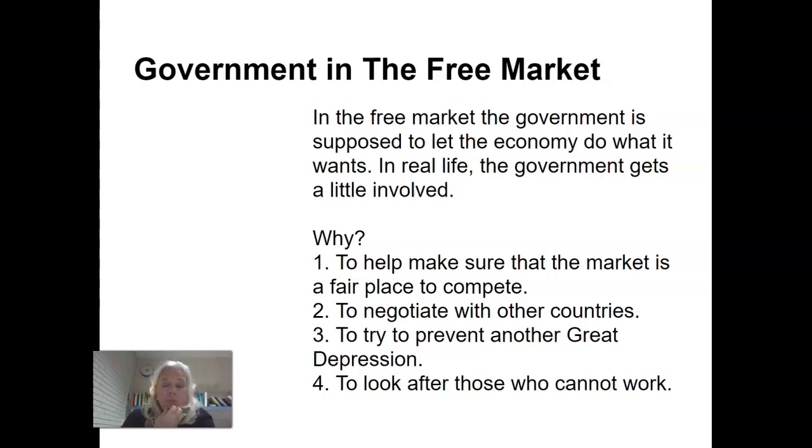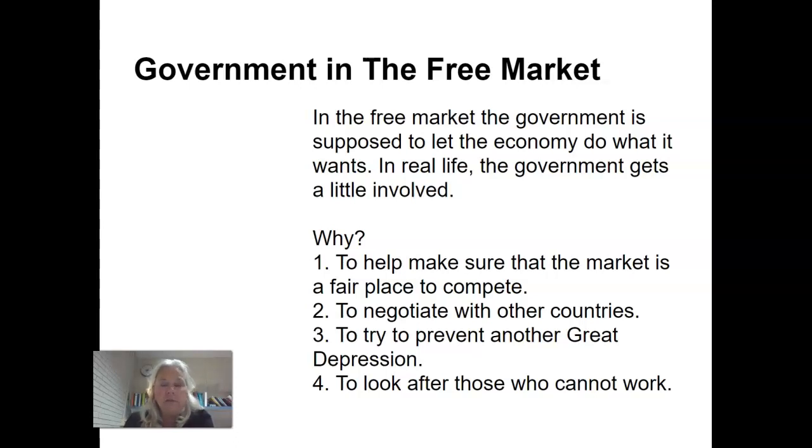They do want to try to prevent another Great Depression, and this is why during the Great Depression, President Roosevelt did institute a number of economic stimulus things, including the Civilian Conservation Corps and other more social programs to help people to survive during that time, and to look after those who cannot work.